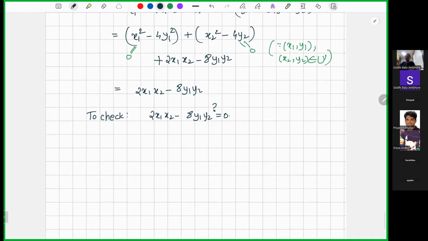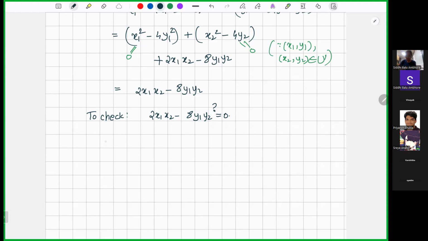Does anyone have any suggestion or idea how to prove this or how to check this? So note that we have these four conditions.